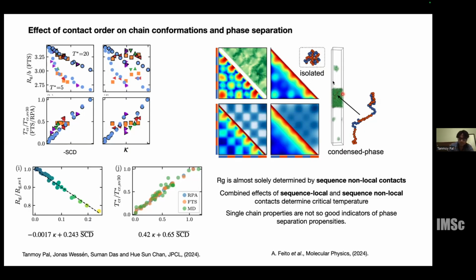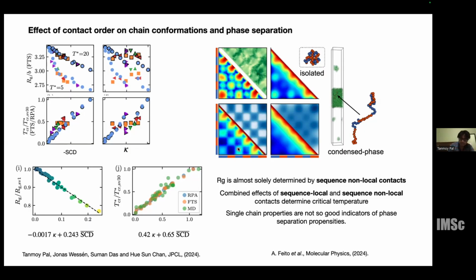These kinds of features also show up in contact maps. In the upper half, we have isolated chain intra-chain contact maps, both in MD and FTS. Both show highly peaked contact maps. And on the lower half, we show the intra-chain contact maps in the condensed phase.